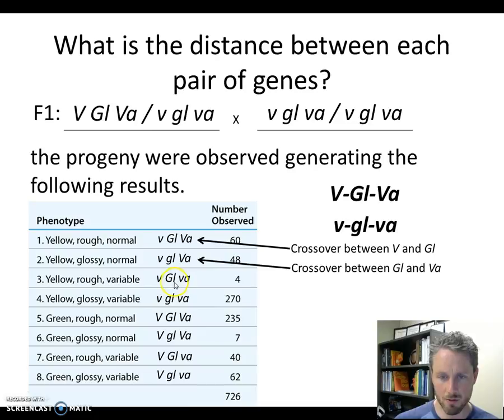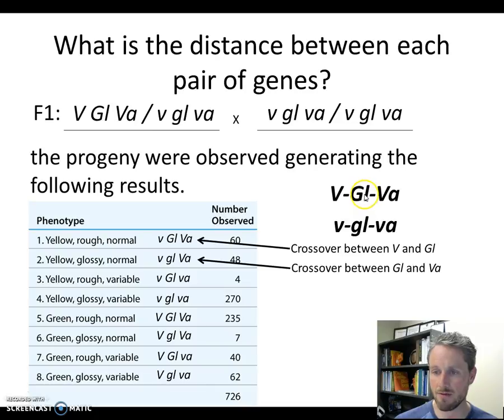All right, what about this third one here, number 3? This is one of the infrequent ones. This is what we call a double crossover. I'm going to get lowercase v, uppercase GL, lowercase VA. So again, if I drag my finger along, lowercase v, to get the uppercase GL, I have to cross over here between V and GL.